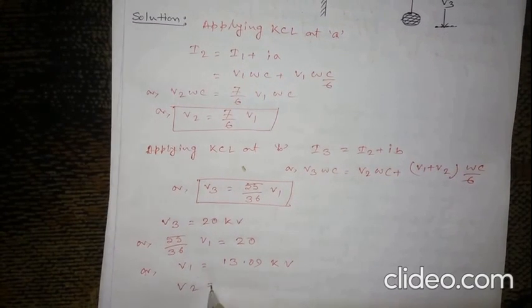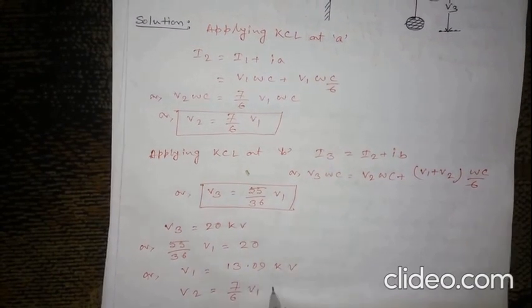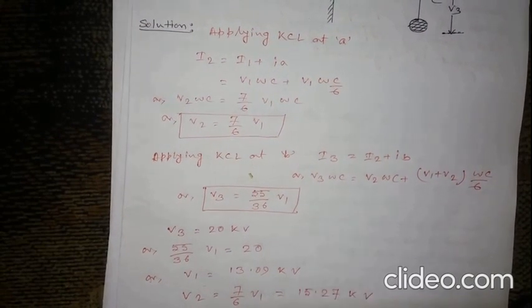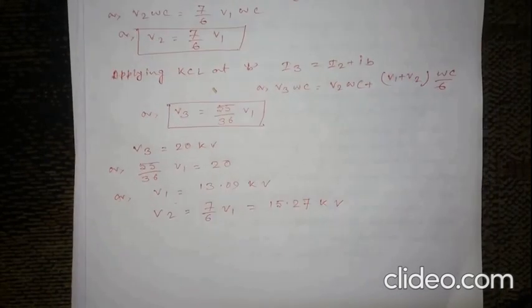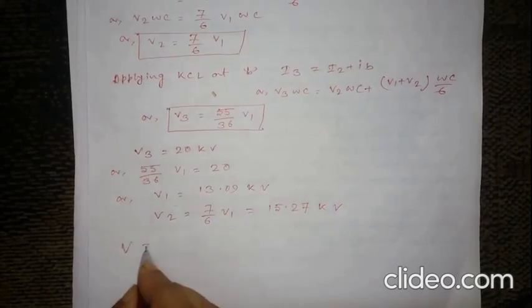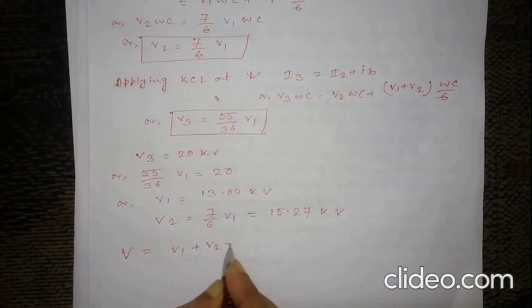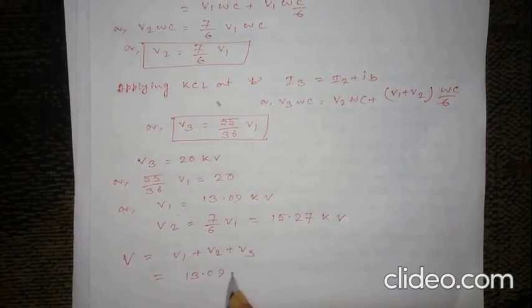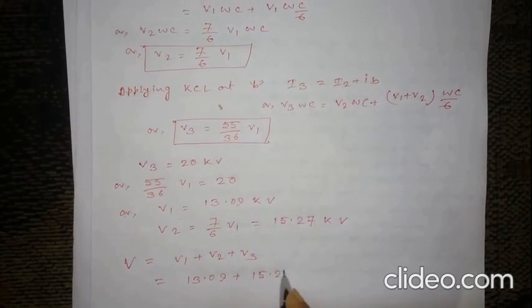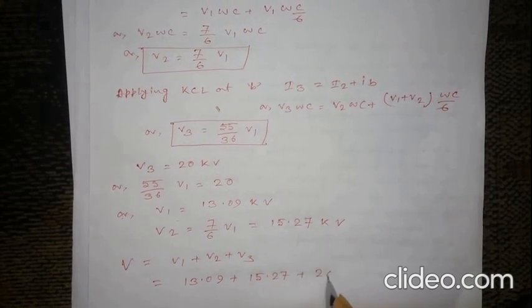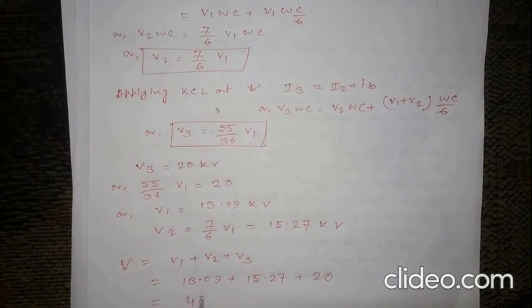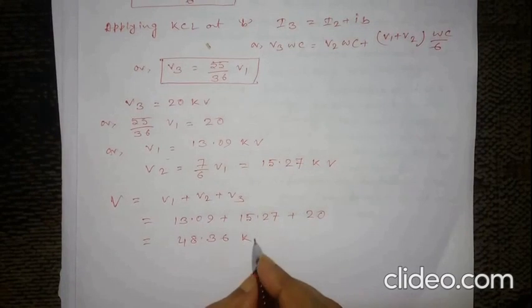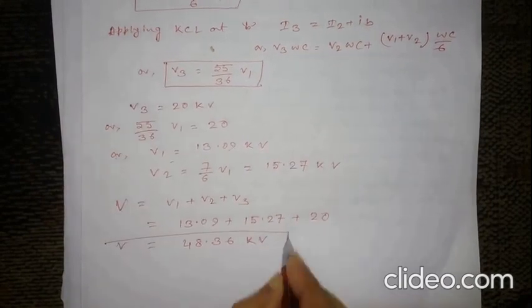Similarly V2, 7 by 6 V1, is 15.27 kilovolt. So V equal to V1 plus V2 plus V3. We can write 13.09 plus 15.27 plus 20 equal to 48.36 kilovolt. This is the answer.